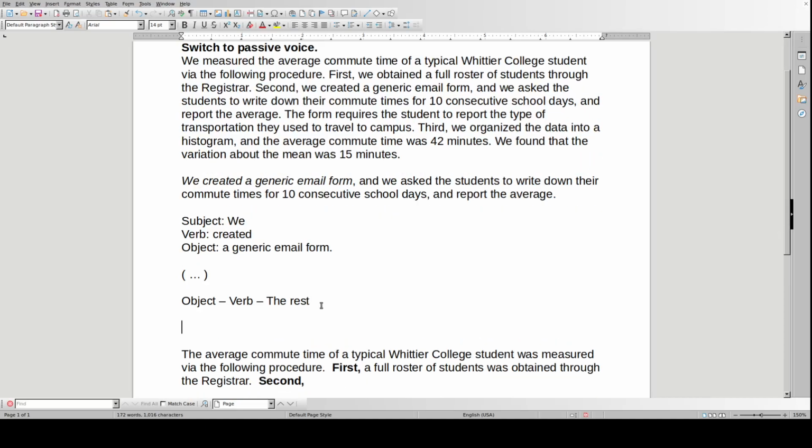So the object would come first. A generic email form was created. So in the passive voice, in the past tense, the object now comes first, a generic email form, and then was created, the verb. Now the rest of the sentence follows, but there is no rest of the sentence in this first part that's now in italics before the comma.